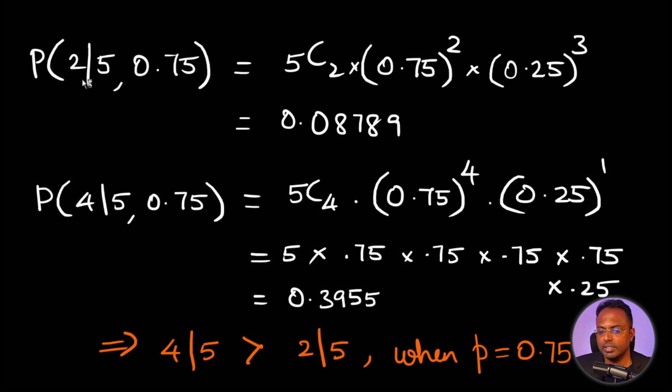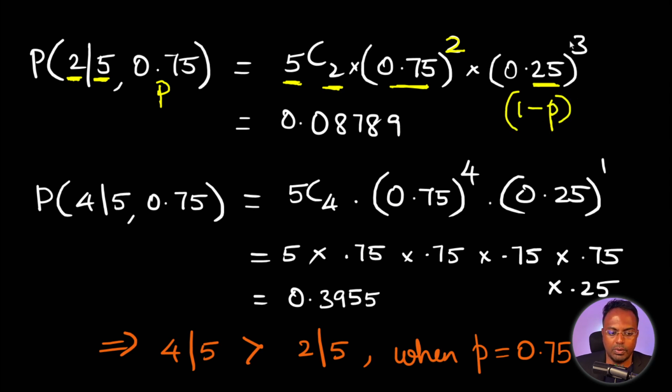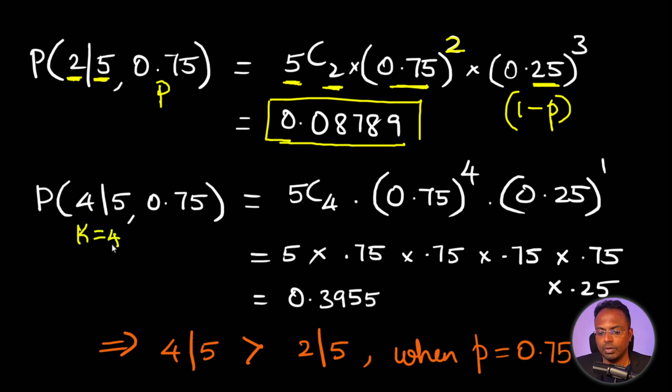So here it is. The probability of getting 2 successes out of 5 trials with p equal to 0.75. So that is 5C2, 0.75 power 2 multiplied by 0.25, which is the probability of failure, 1 minus p, power 3. That works out to be 0.08789. Likewise, you can compute it for k equal to 4 as well.